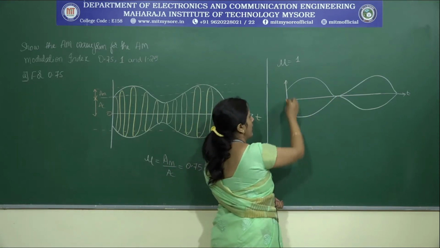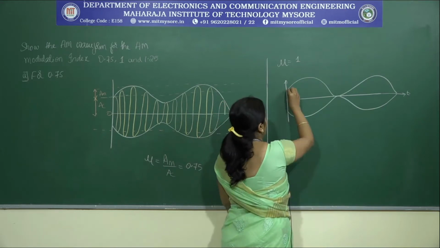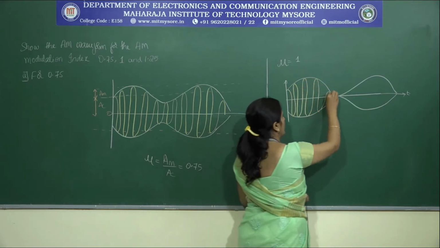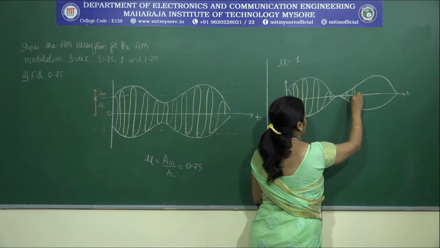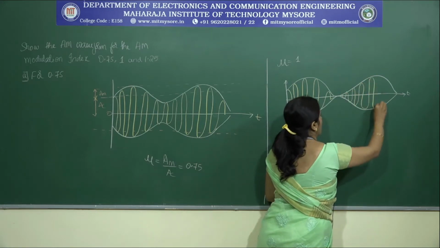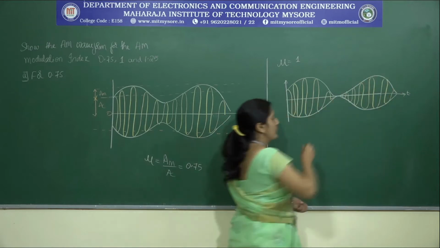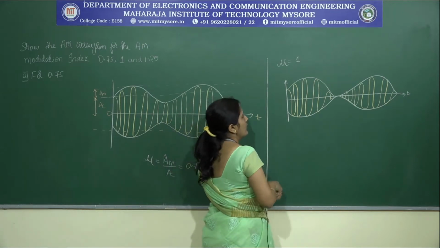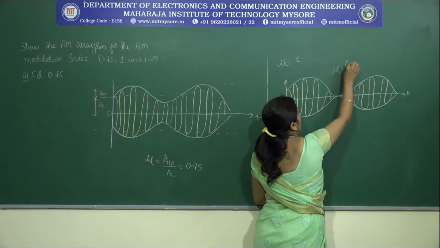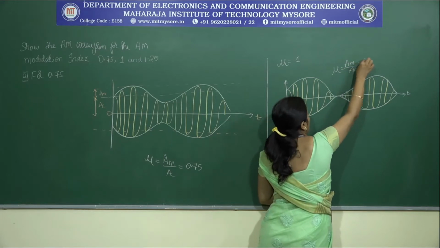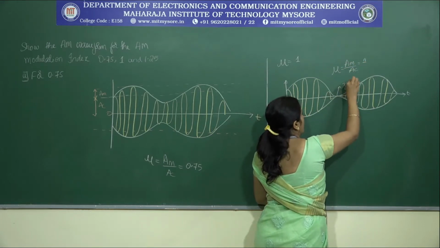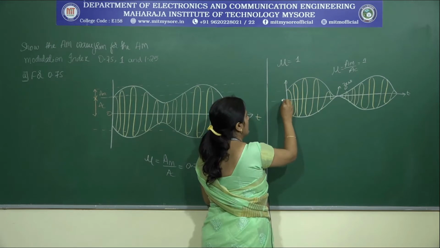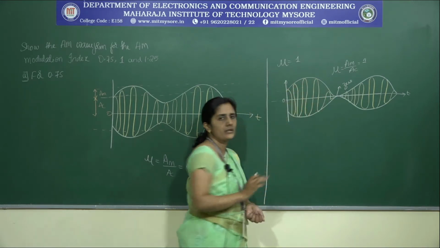If you have to represent the carrier signal, we consider the carrier frequency like this, correct? So this is the AM waveform for the modulation index equal to 1. So mu is equal to AM divided by AC. If it is 1, this touches 0. Here you can see this is our message signal and this is the carrier.